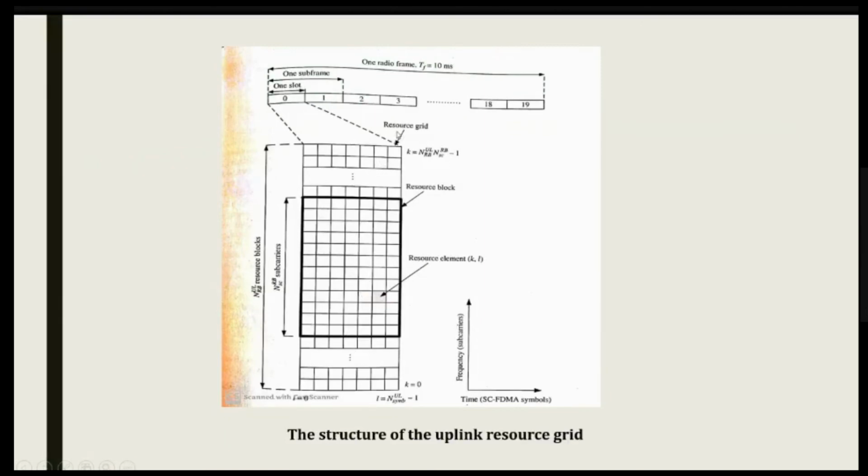This resource grid consists of resource blocks and resource elements. Here, the rows represent the total number of subcarriers used in the resource block, and the columns represent the total number of uplink symbols used.